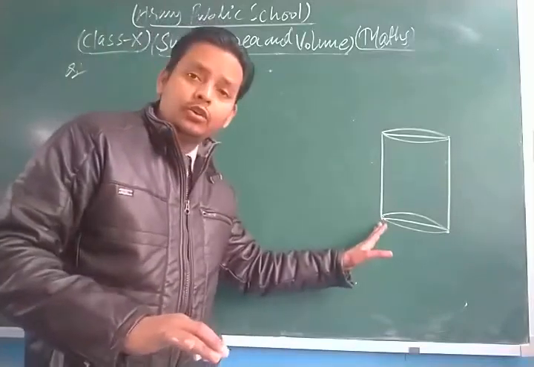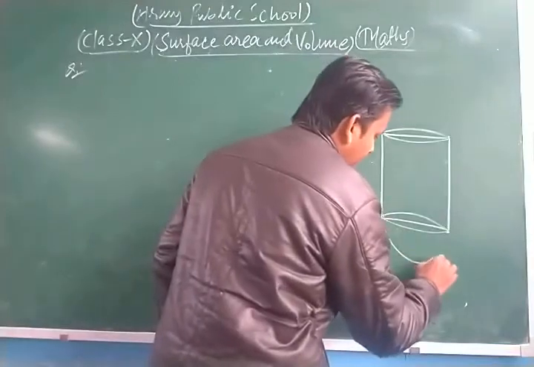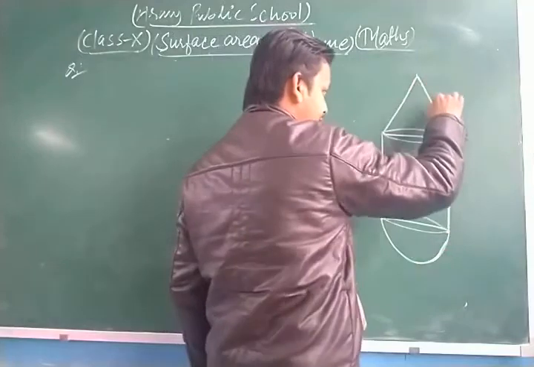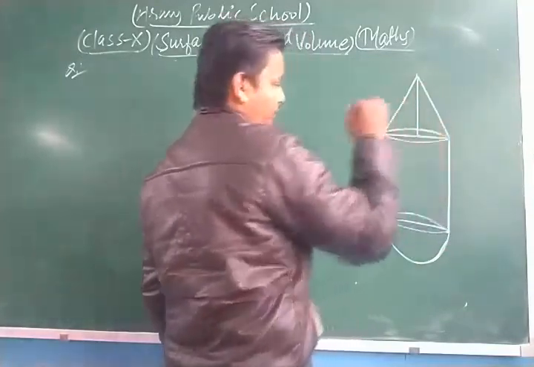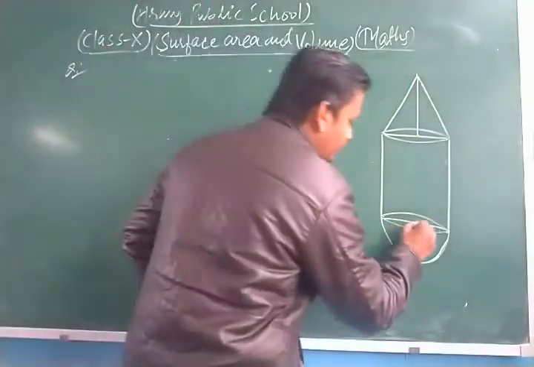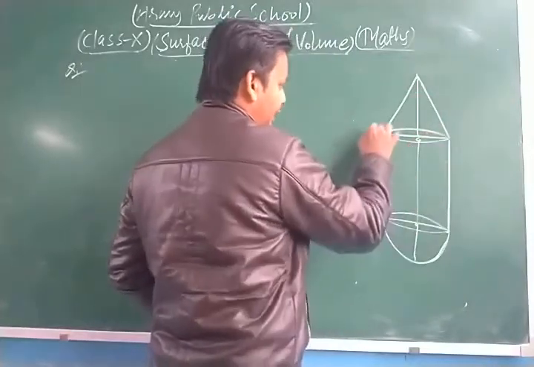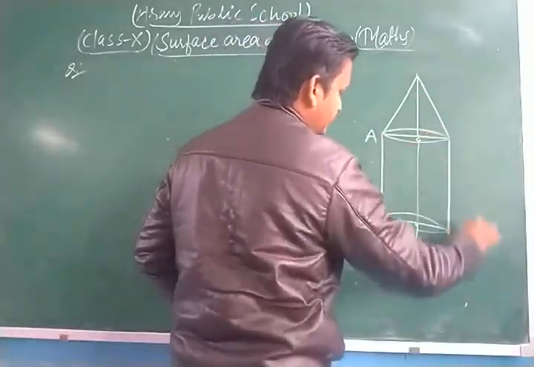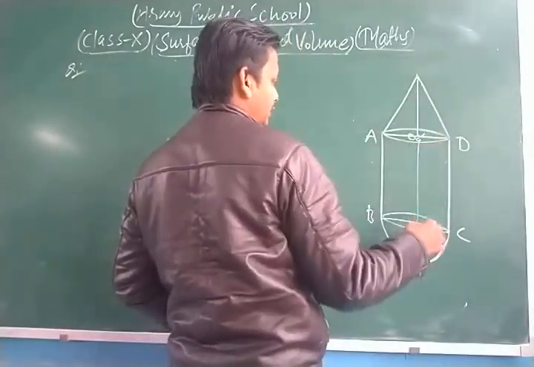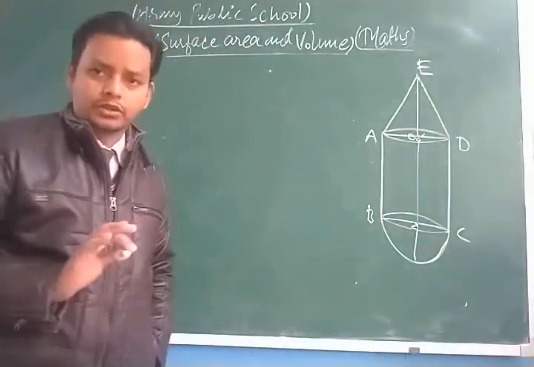This means one end of the cylinder is in the shape of a hemisphere, and the other end is in the shape of a right circular cone. This is the hemispherical end, this is the conical end, and ABCD is the cylinder, and O dash E is the height of the cylindrical portion.